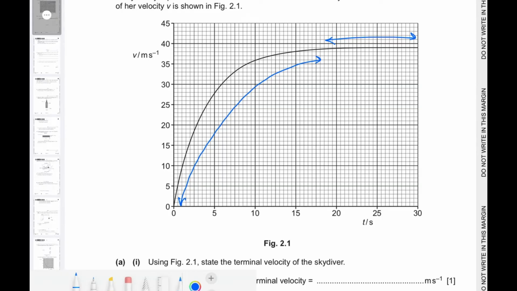Since the gradient is decreasing for this curve, as you can see the graph becoming less and less slanted and moving towards more of a horizontal position, that means the gradient is decreasing or acceleration is decreasing. Because remember, acceleration is change in velocity over change in time, which here is the gradient of this graph.